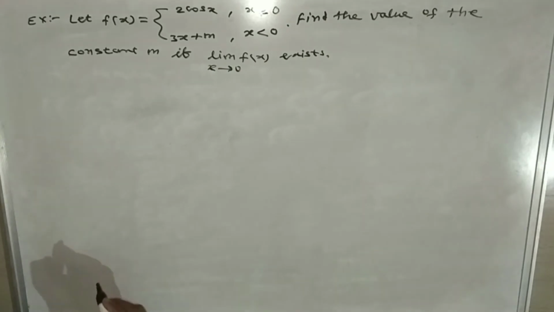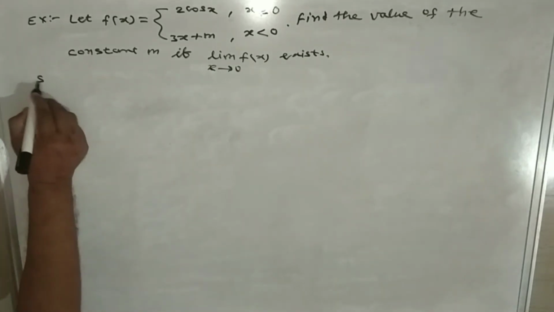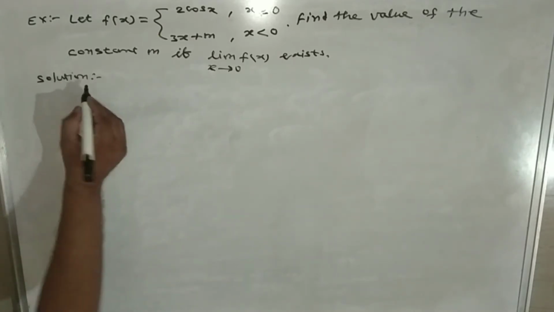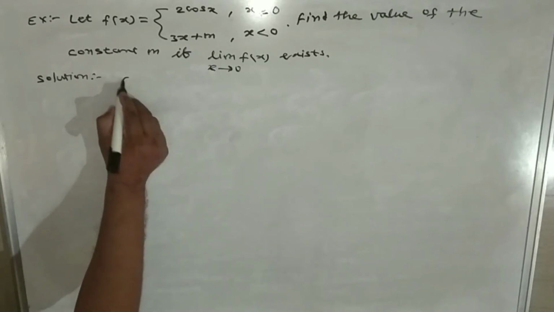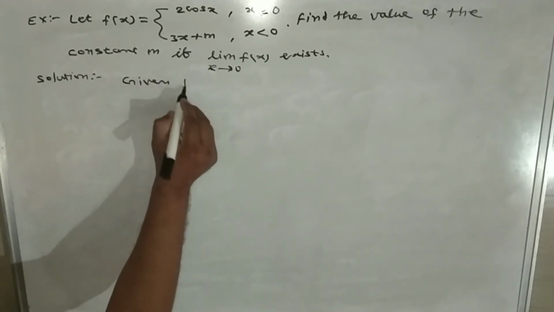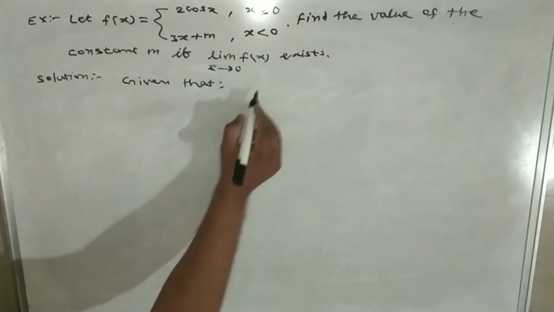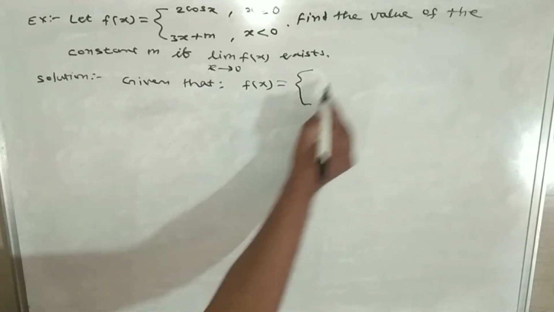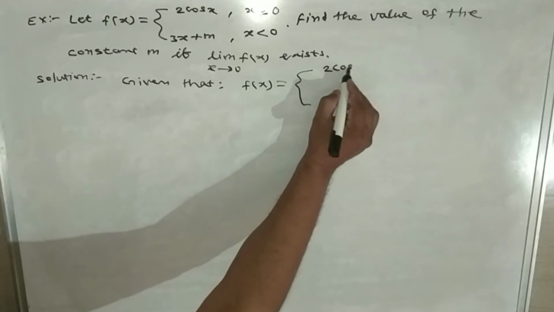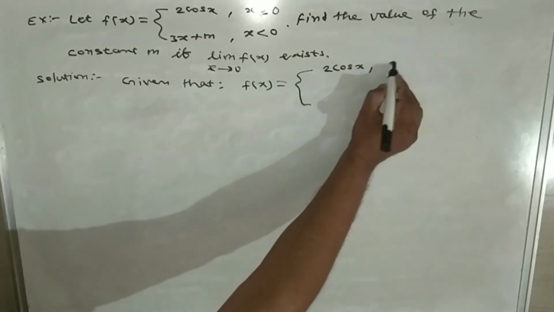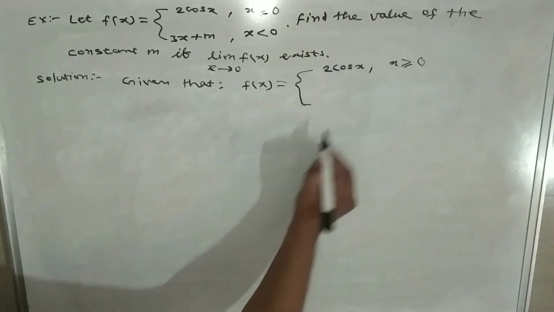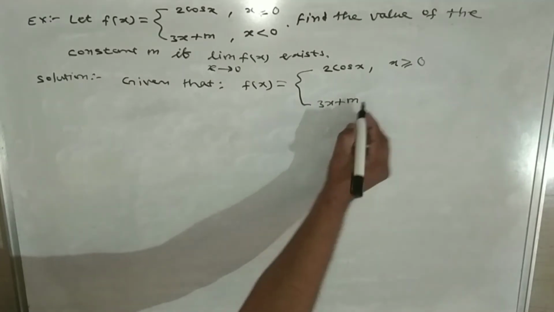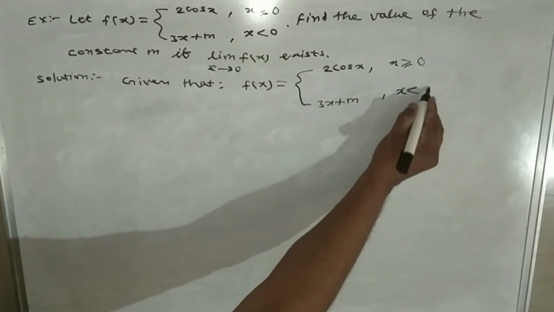Now you see the solution of this problem. Solution. We have given that the function f of x is equal to 2 cos x if x is greater than or equal to 0, and f of x is equal to 3x plus m if x is strictly less than 0.